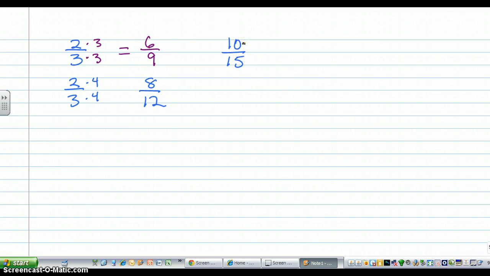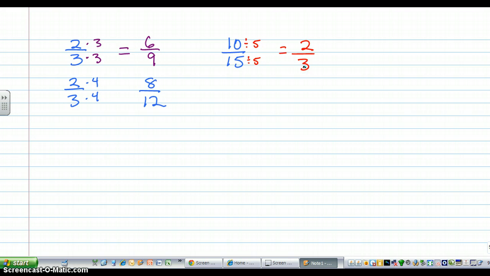Well, if you know your divisibility rules, you know I can divide both of them by 5 because this ends in a 0 and this ends in a 5. So if I divide the numerator by 5 and the denominator by 5, I'm going to get 10 divided by 5 is 2 and 15 divided by 5 is 3.